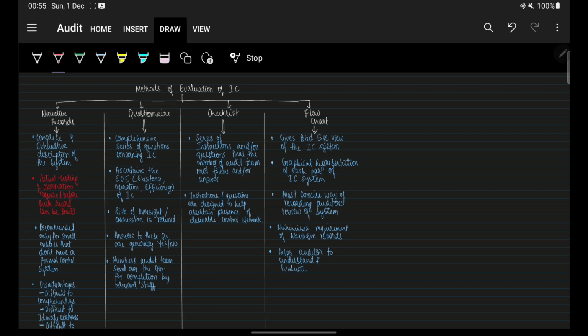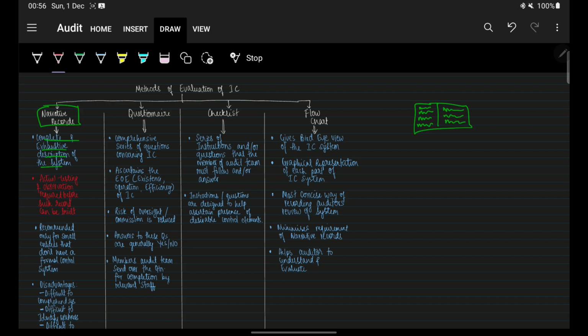Okay, so firstly it is narrative records. Complete and exhaustive description of the system. So the auditor will take out his book and he'll start writing, he'll just maintain records of how the internal controls are.